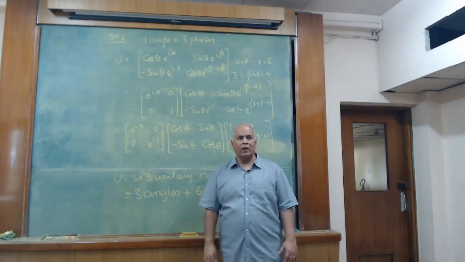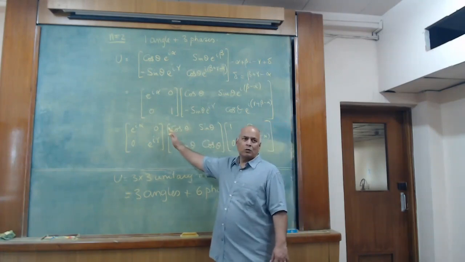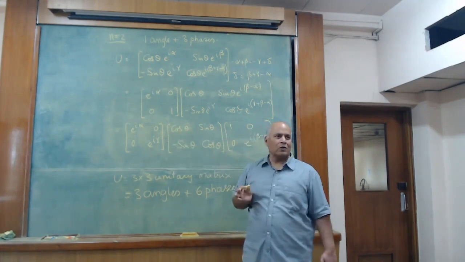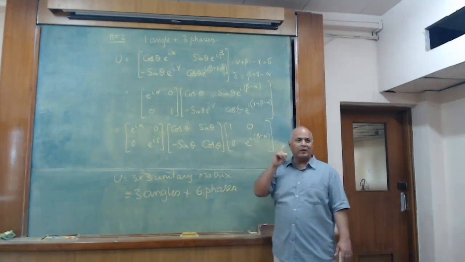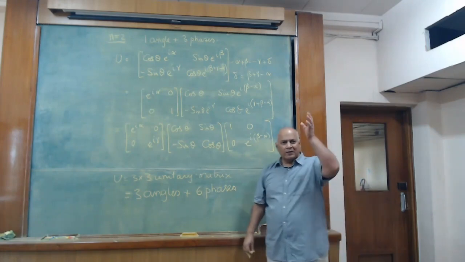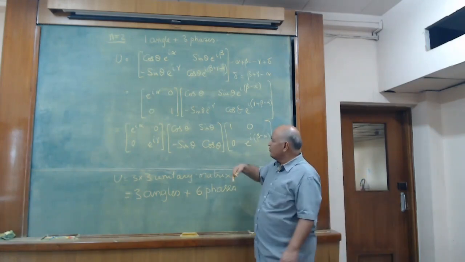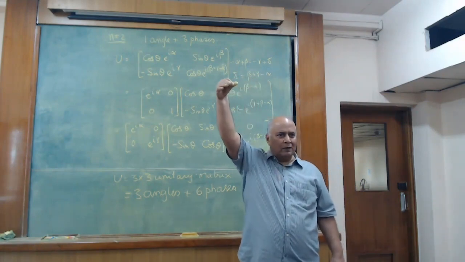Which means that there is no phase to be pulled out from the first column. So on the right side matrix, the 1, 1 element will be 1. Then from the second column, I pull out the phase of the 1, 2 element.